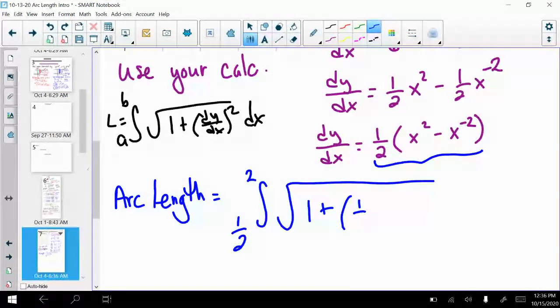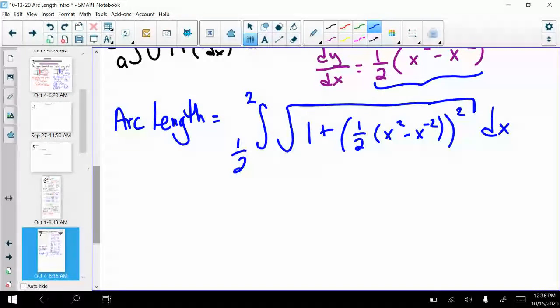So I'm going to go 1/2 times (x squared minus x to the -2) close, squared, dx. I like to put the little tail on my square roots like that so I know what's in and out of them. It was actually calculus 2 that made me switch to that because I got tired of the square roots running all around.